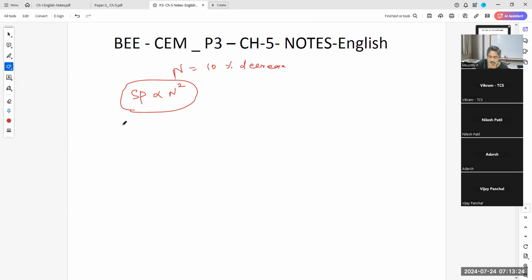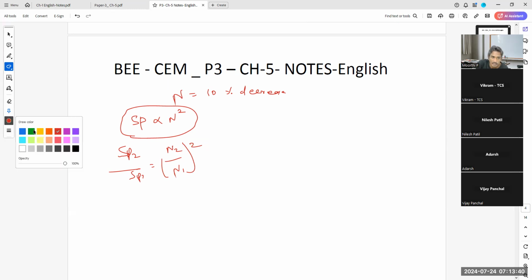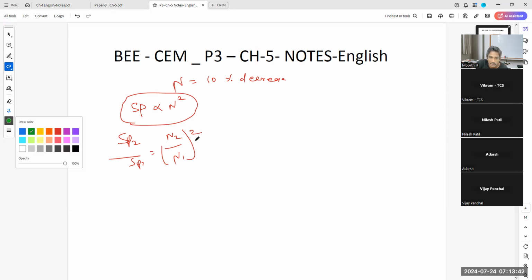SP2 divided by SP1, okay, equal to N2 divided by N1 whole square. Now what is the criteria? Speed decrease 10% is equal to 0.9. So N2 will be 0.9 N1.